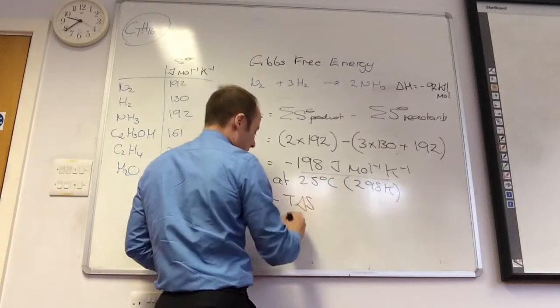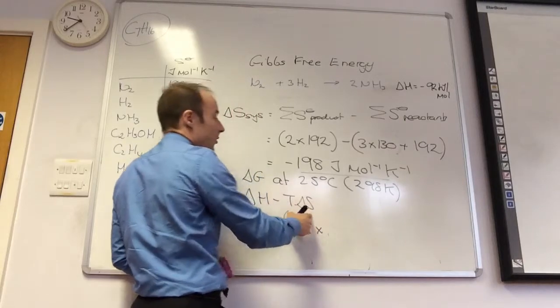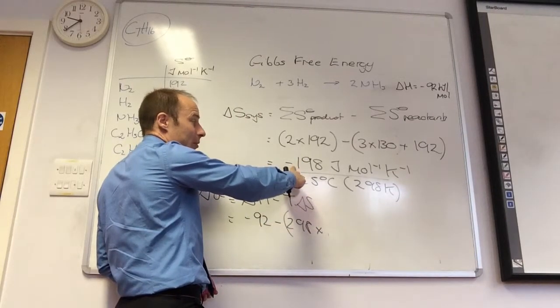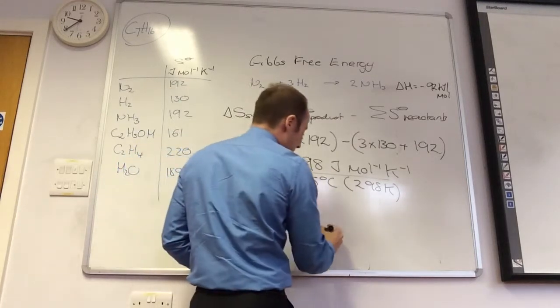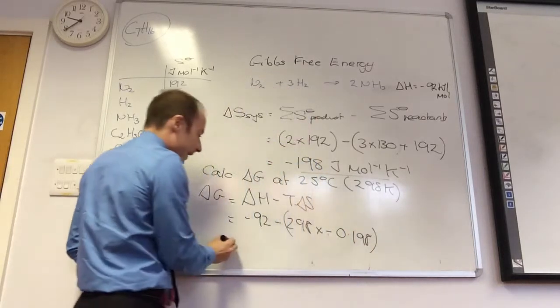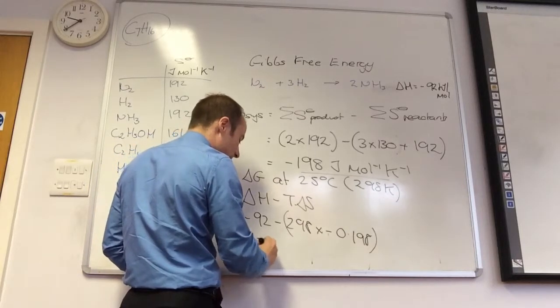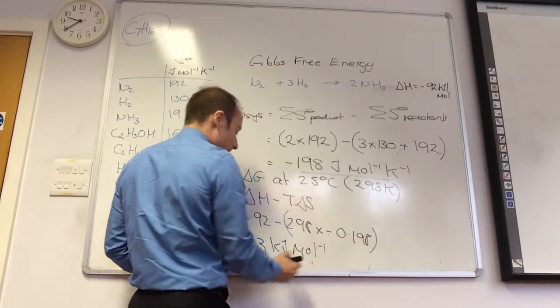The temperature is 298, and I need to times that by delta S, but I need to divide it by 1,000, because this is in joules, whereas this is in kilojoules. So that becomes minus 0.198.